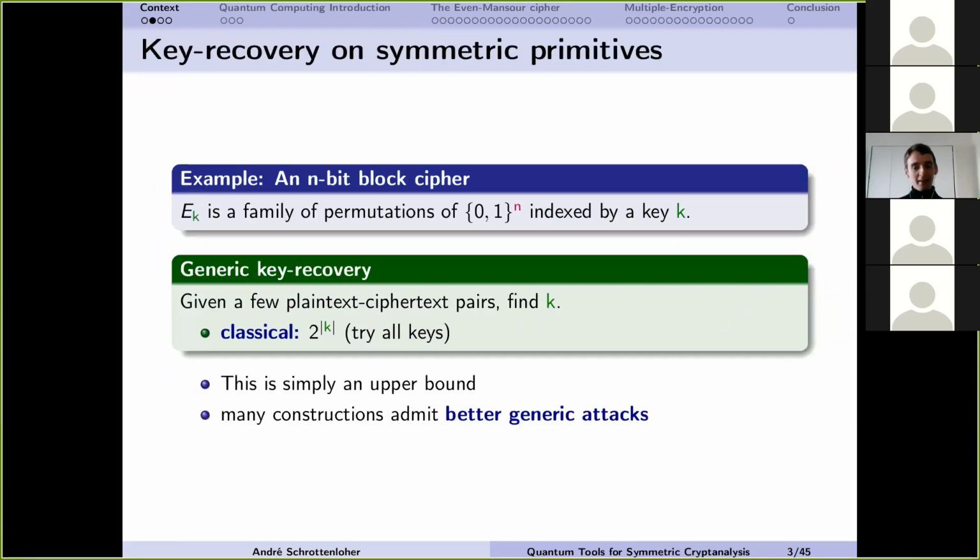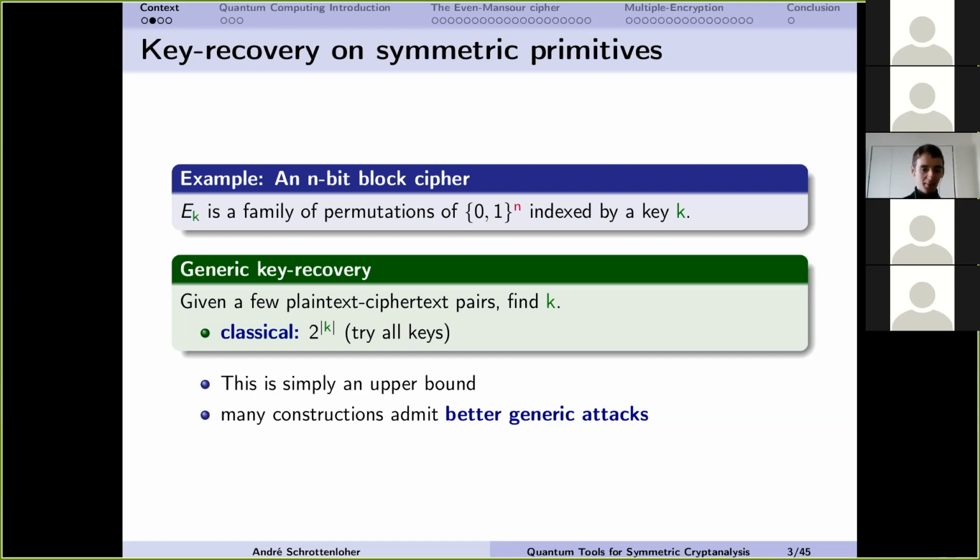Now, if you take a look at symmetric primitives, and especially at key recovery attacks, which is what we study today, let's say we have a block cipher, this family of permutations that are indexed by a key, K, and we want to recover the key. So that means, as an adversary, we have access to a few plaintext-ciphertext pairs.